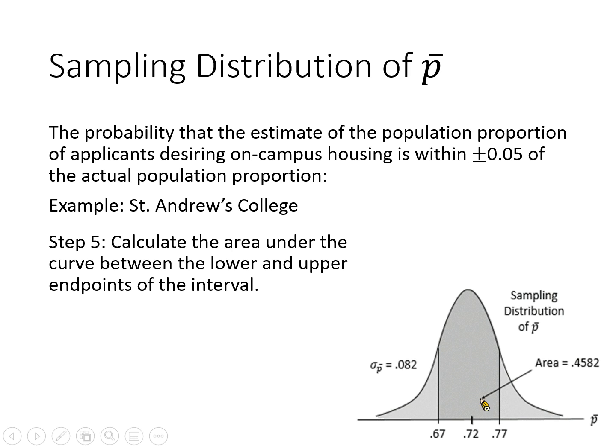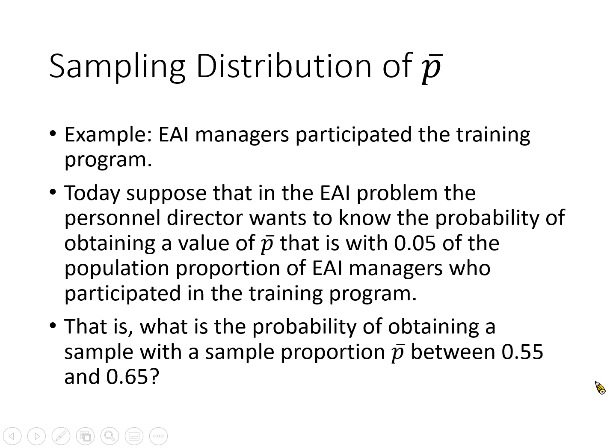To get the interval probability, subtract the two to find the area under the curve between the lower and upper endpoints of the interval, which is 0.4582.